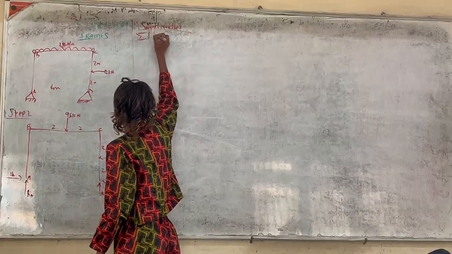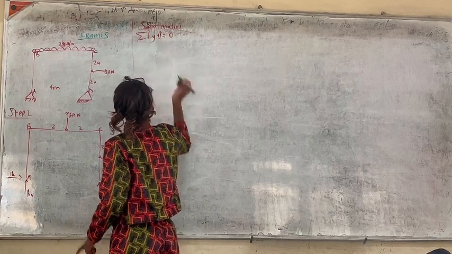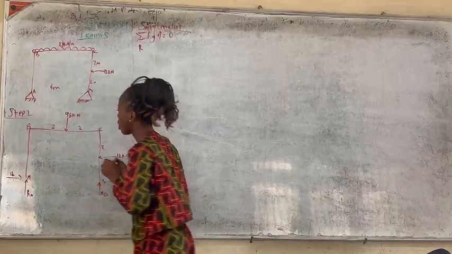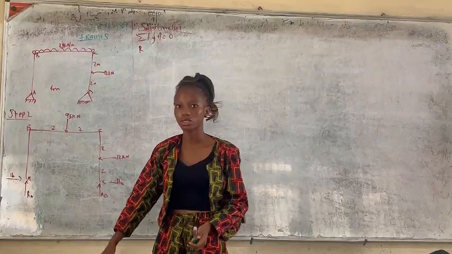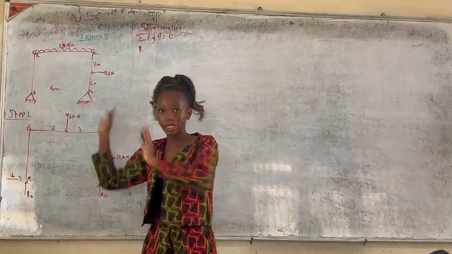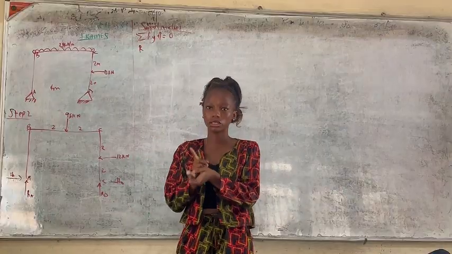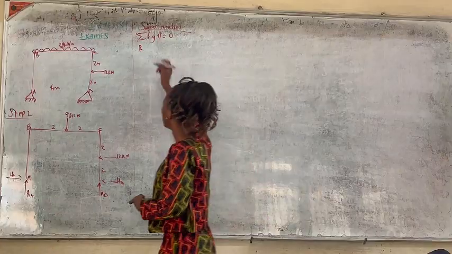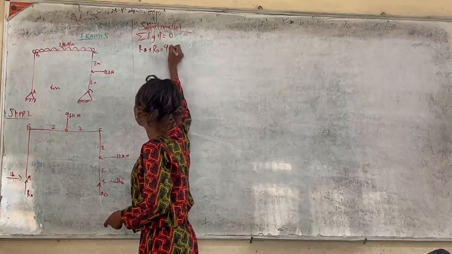Using our 3 equations, summation Fy equals what? 0. This is positive. Now we are considering all the forces and reactions that are acting in the vertical direction, on both columns, on everything. For the second step, we are picking it as 1. So we have RA, 96, and RD. So RA plus RD equals what? 96.